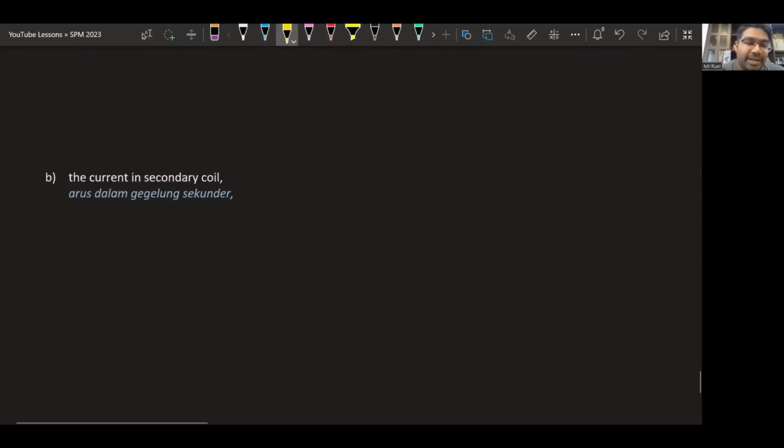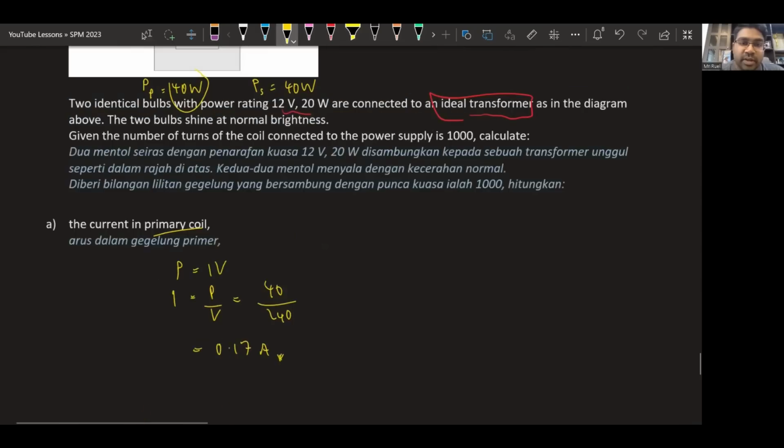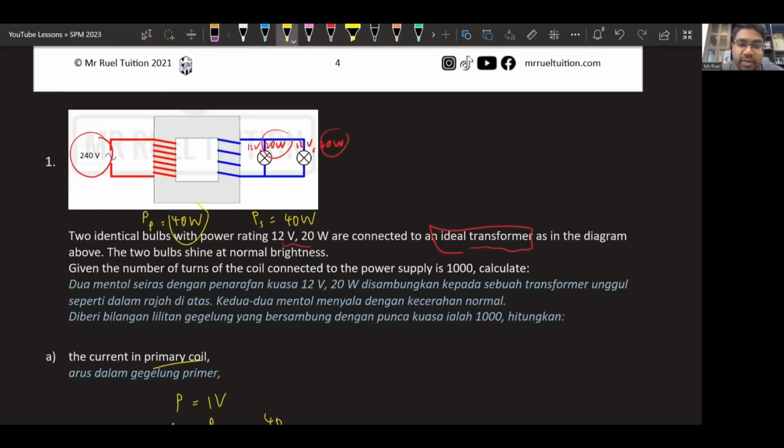Now, what's the current in the secondary coil? So for the current in the secondary coil, we also have the power, but now we don't have the voltage yet. We have to figure it out. So now these are connected in parallel, and the voltage across each is 12, which means if it's connected in parallel, then the voltage across all the branches will be the same. So this here is also 12. The power source is also 12. So this is 12 volts.